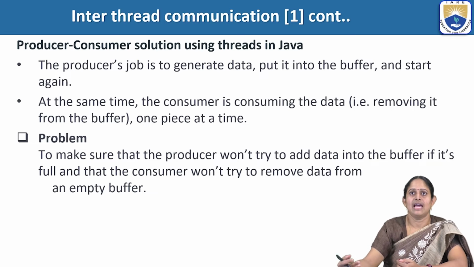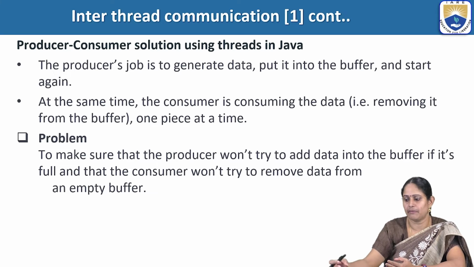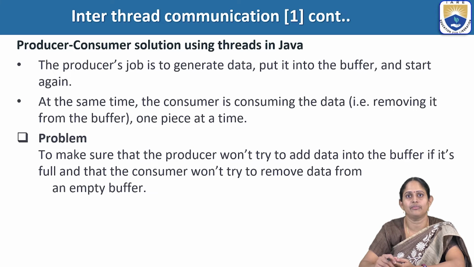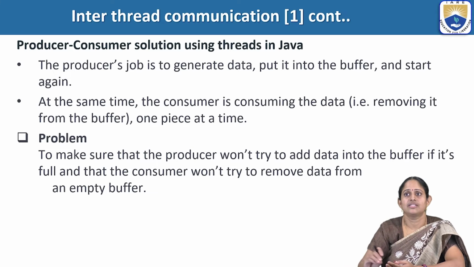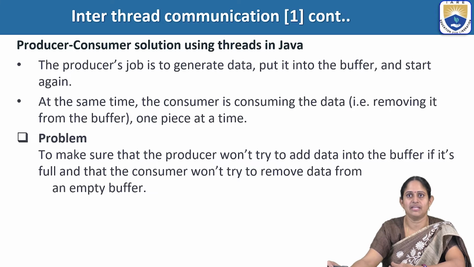Similarly, once the consumer consumes the data, it will notify the producer that the consumption has been done and the buffer is empty. Once the producer sees that the buffer is empty, it will produce again and this work repeats.